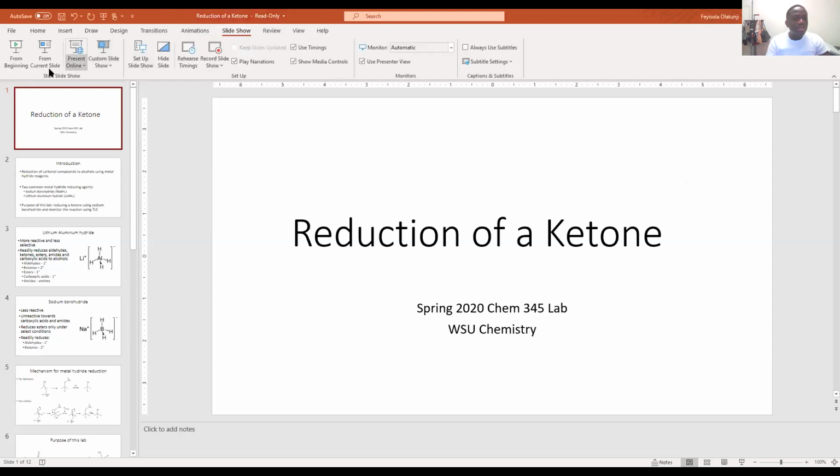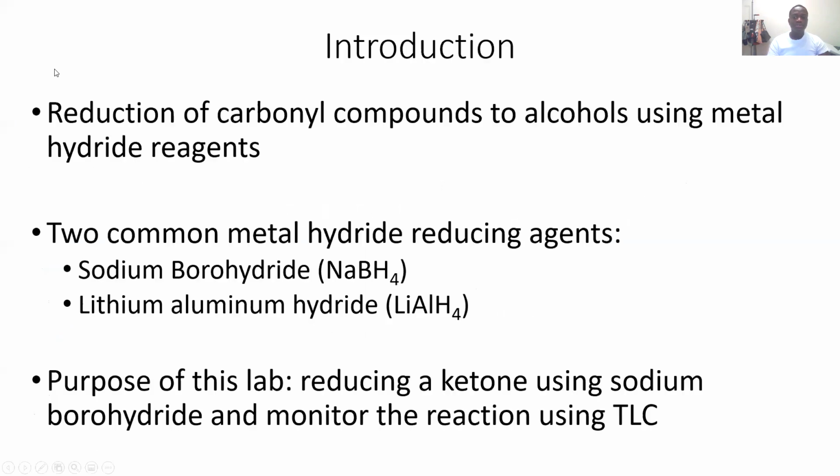All right, so reductions of ketones, or reductions of carbonyl compounds. Reduction is basically a reaction where you're adding hydrogens or removing oxygens, or doing both: addition of hydrogens, removal of oxygens, or both happening at the same time.